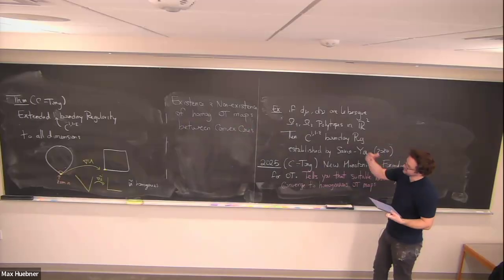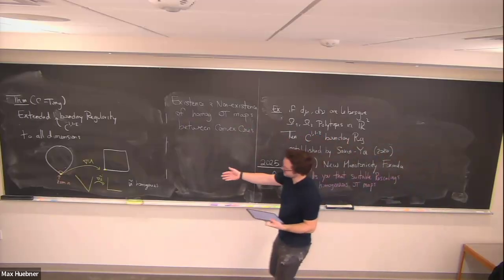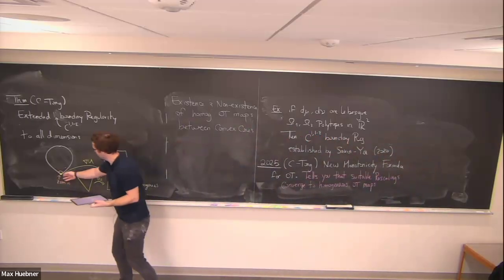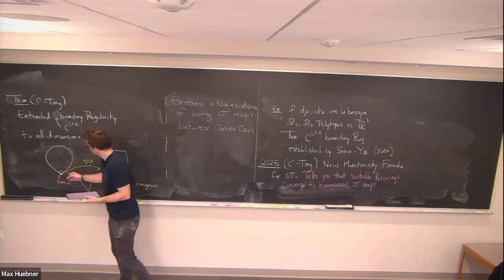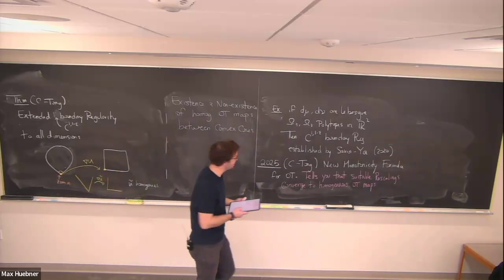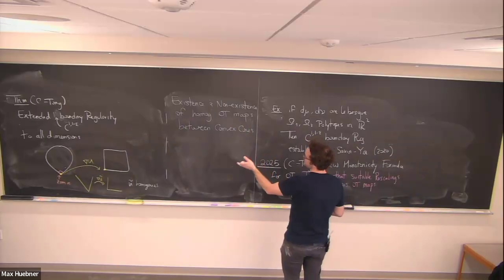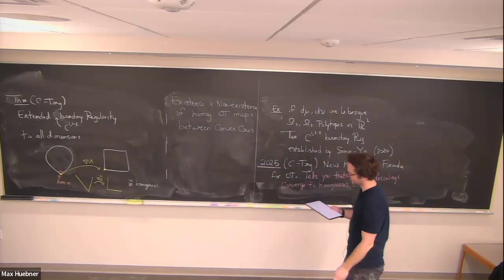Because if such maps exist, say between the tangent cones of these two convex sets, then that tells you something about the regularity theory. And conversely, if they don't exist, then that also tells you something about the regularity theory.